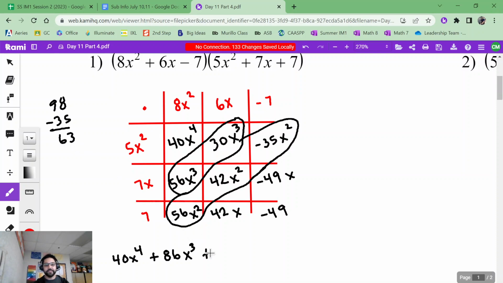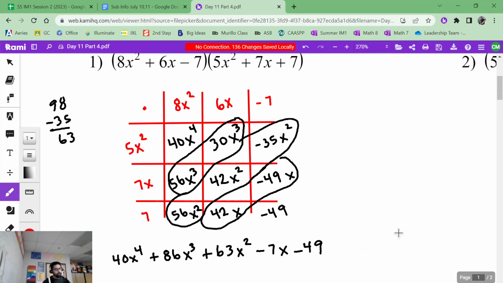So that's positive 63x squared. And then for the x's, 42 subtract 49, or 49 subtract 42, keep the negative sign, is negative 7x. And the last one is negative 49.